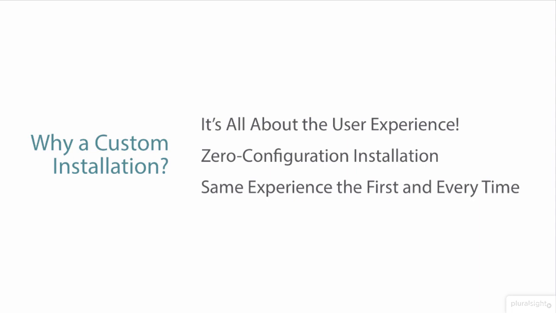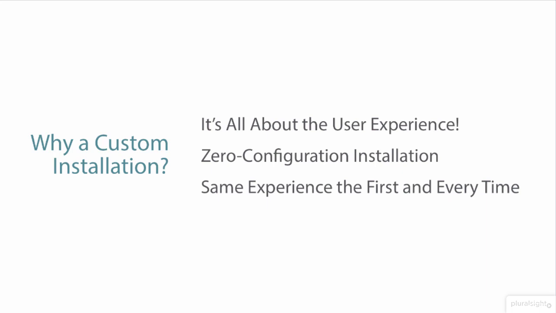By default, when you install Jabber for Windows, if you don't do a custom installation, either by passing command line parameters to the MSI installer or by rolling a custom MSI, what's going to happen is the first time it comes up, it's going to ask them for their email address.